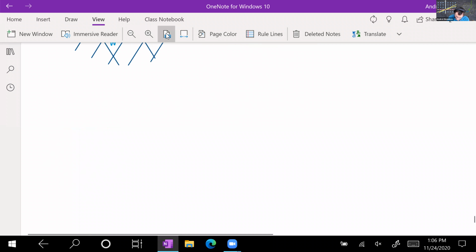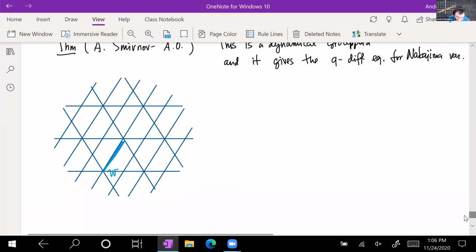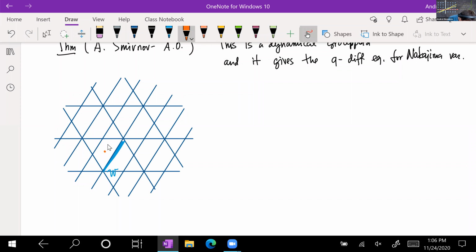So what's the main idea? The main idea is that you have some slope, and you have some slope prime. And corresponding to that slope, we have QKZ at slopes S and S prime.